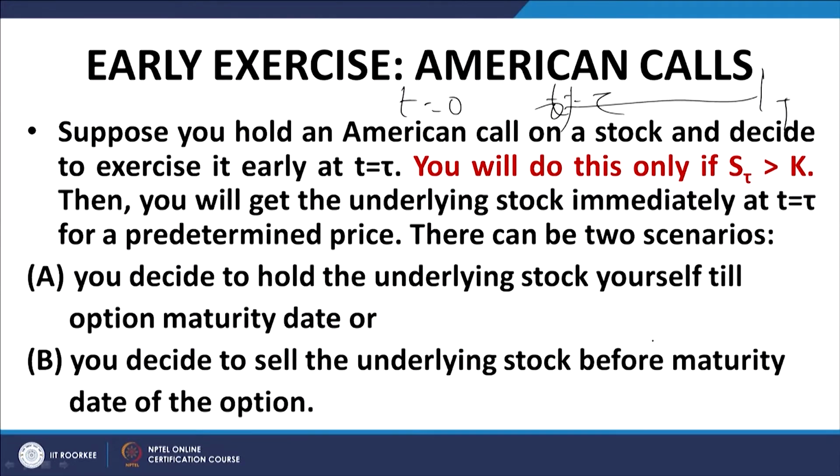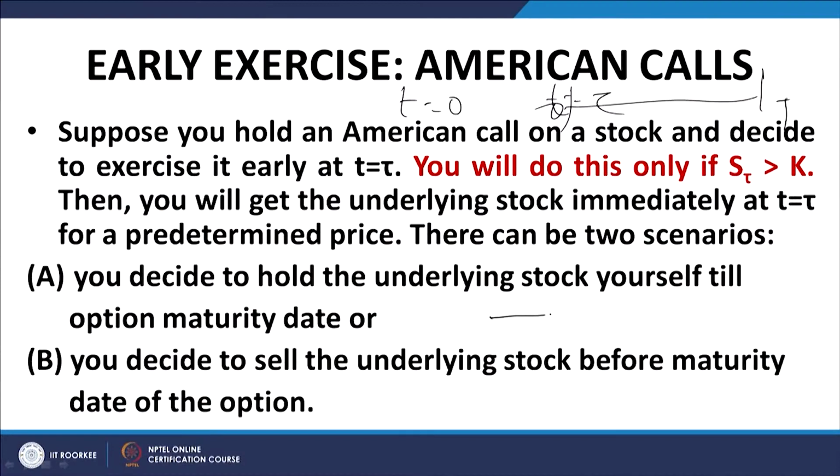American call, remember American call, not put. Obviously, you will exercise the option if S tau is greater than K, because if S tau is less than K, you are not going to get any payoff. It is a call option. So, the first premise is that if you are going to exercise the option at any point in time tau, at that point in time S tau must be greater than K.